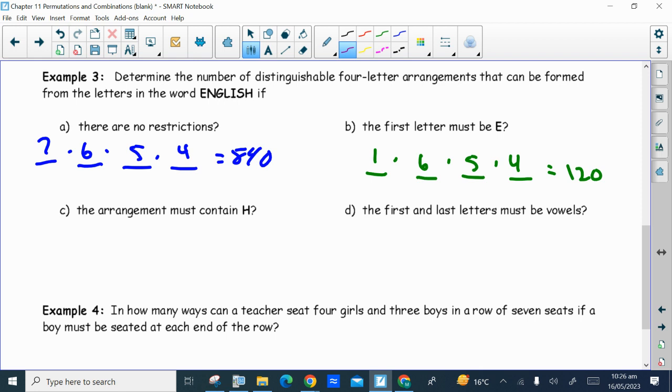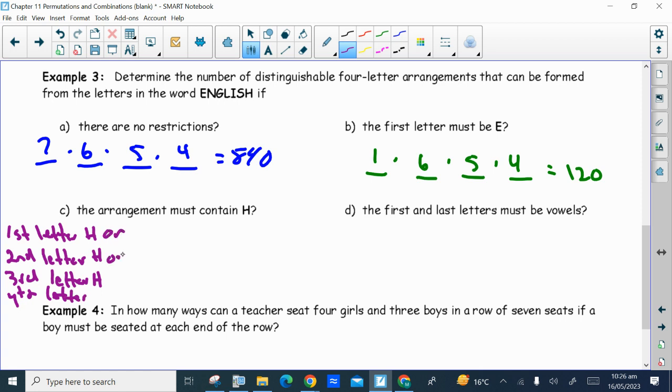So, the different scenarios would be that the first letter is the H, or the second letter could be H, or the third letter could be H, or the fourth letter could be H. And again, this represents different scenarios.